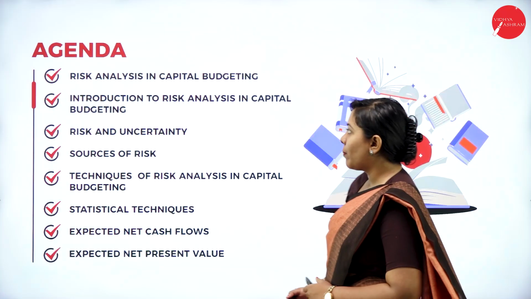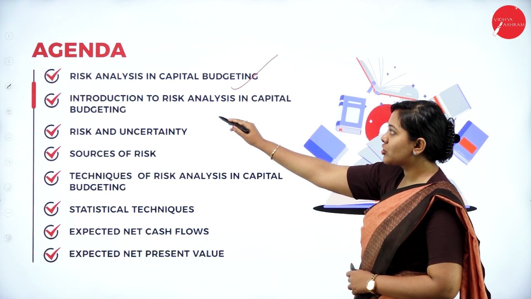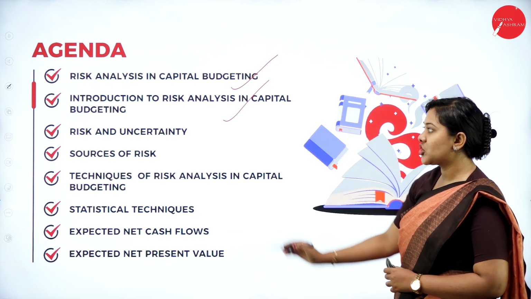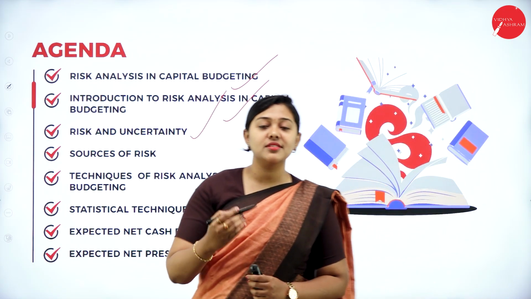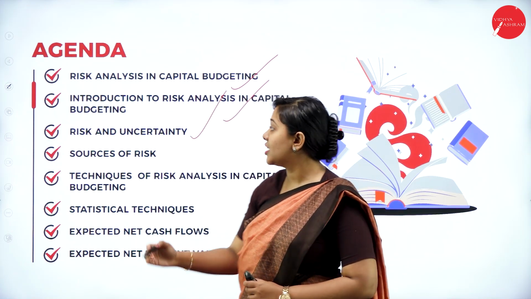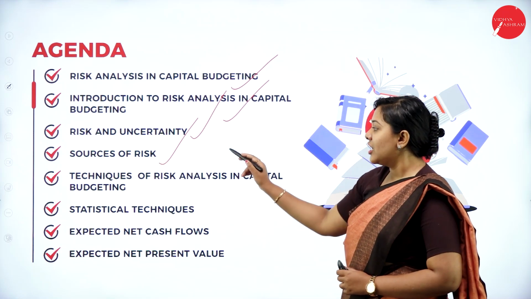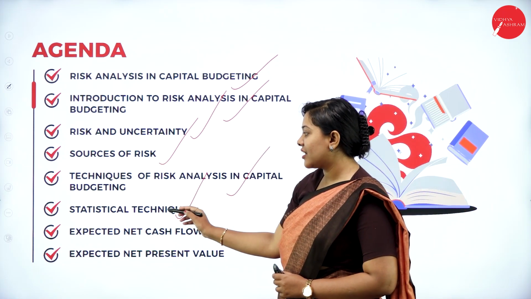Moving forward, the topic for today's discussion is Risk Analysis in Capital Budgeting: an introduction to risk analysis and capital budgeting, risk and uncertainty, the terminology, what is risk and what is uncertainty, and what is the difference between risk and uncertainty, sources of risk, and techniques of risk analysis in capital budgeting, that is, the statistical technique.